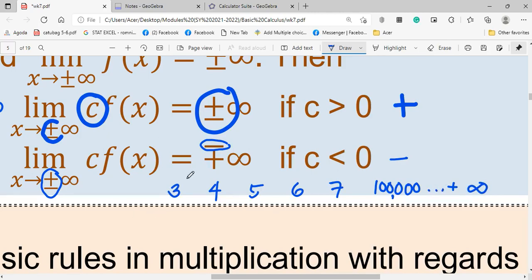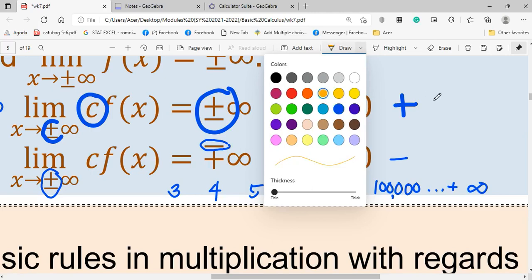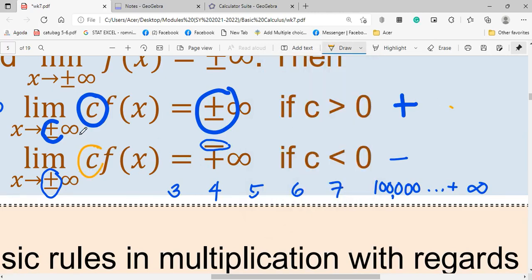Paano kung gawin mong negative lahat yan? Di ba? May kakayahan si C na negative number na baguhin niya ang sign nilang lahat. Yun ang dahilan class na kapag ni-relate mo na, multiply mo si negative value C, babaguhin niya lahat ng values.